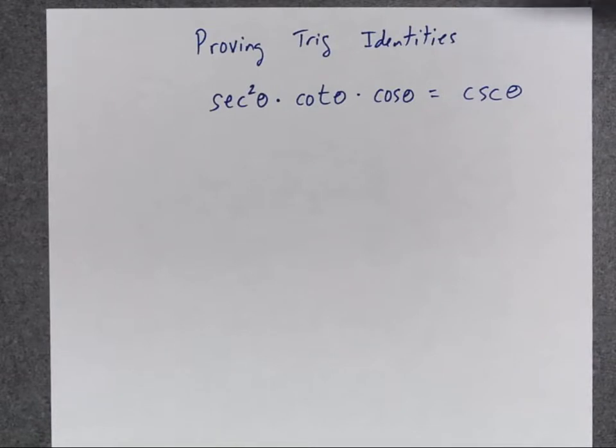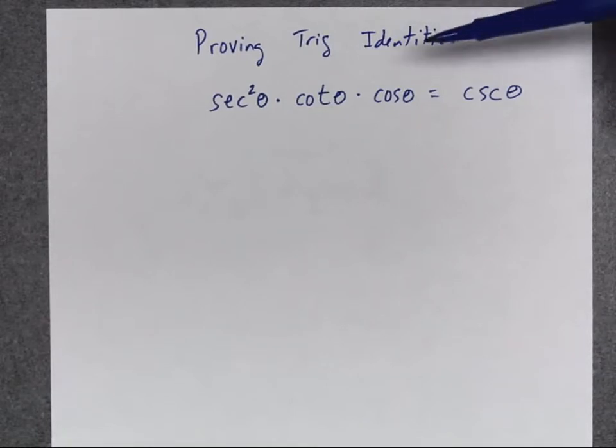Some of them can be very difficult, but I don't think in this class or on the test you'll have any of the difficult ones. It's maybe a little bit like story problems where the only way you really get better at proving trig identities is to actually start to do some. And then as you do some, and as you figure it out, and as you learn things to try, you get better at it.